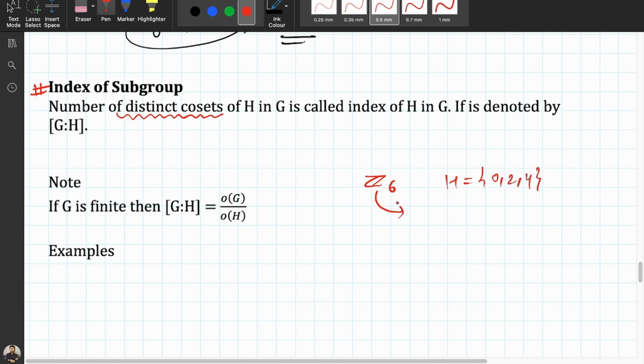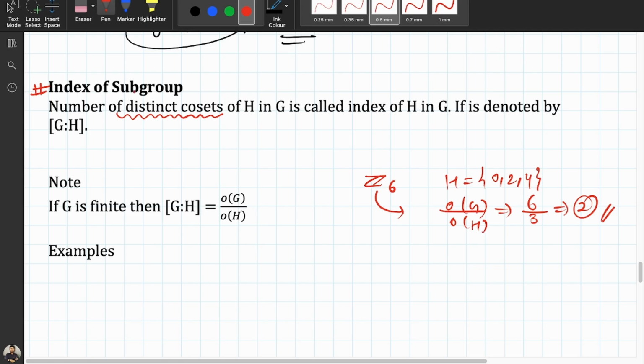There are 3 different subsets. It means order of G divided by order of H is going to be 6 divided by 3.